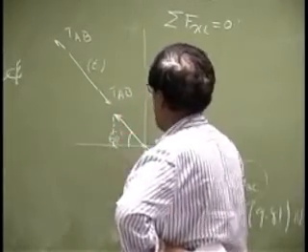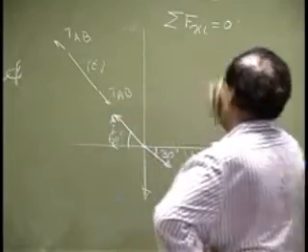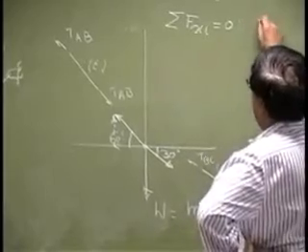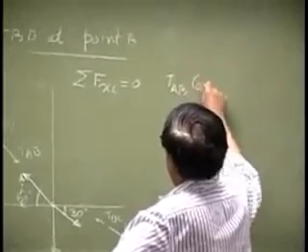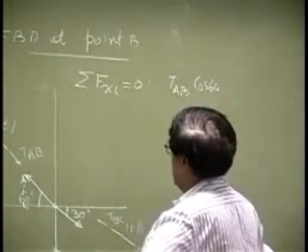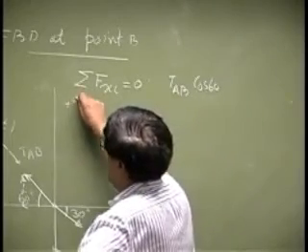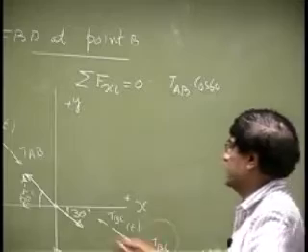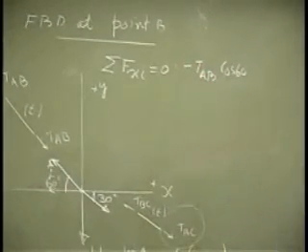You have this as the x component, this is going to be the y component. So your x component will be TAB cosine 60, and if I choose this to be positive x, this to be positive y, then it's in the opposite of x, so that becomes negative.